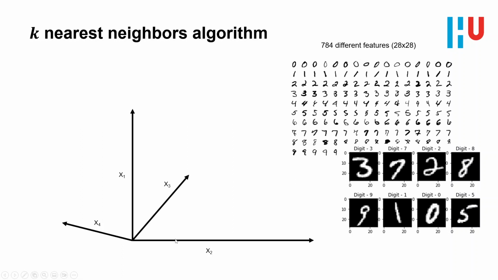So instead of 2 or 3 dimensions, we get a 784 dimensional thing, where with the nearest neighbor algorithm we want to know what is the shortest distance. Well, visualizing a 784 dimensional space again is very difficult, but in math it's actually quite easy.